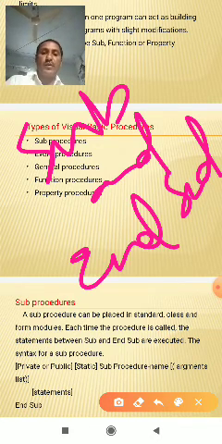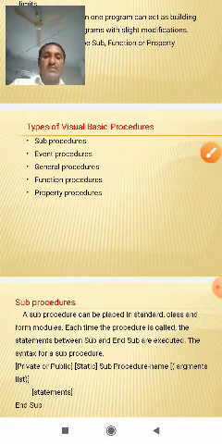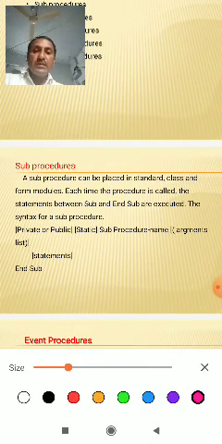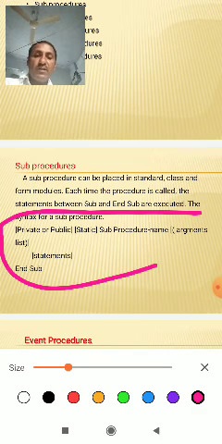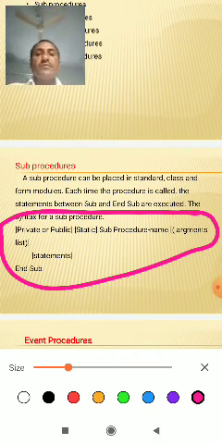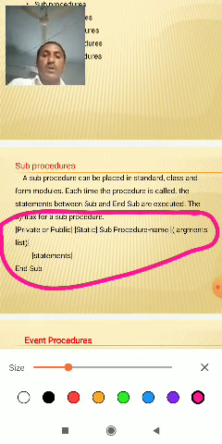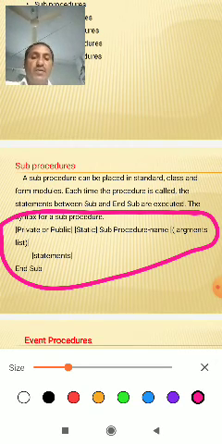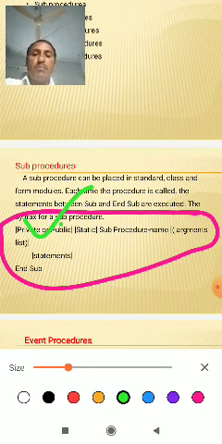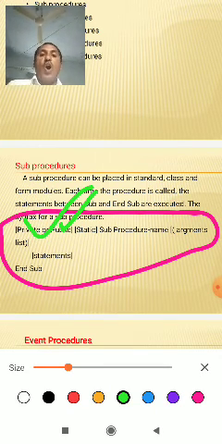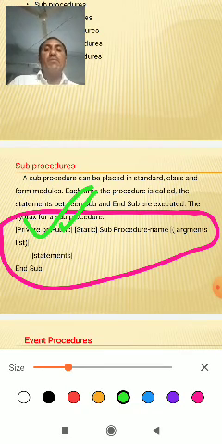The syntax of a sub procedure. So this is the procedure syntax: first give the sub procedure statement, Private or Public, Static, then Sub, then the sub procedure name, and the argument list.